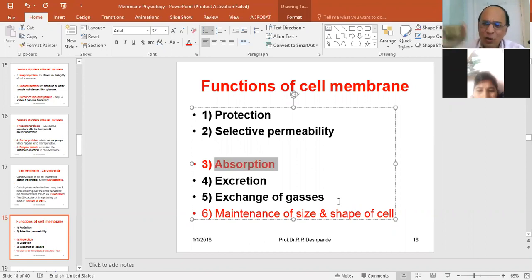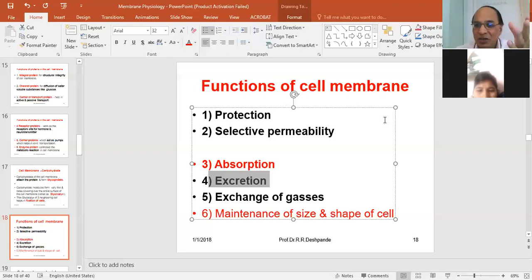So that villi also contain the cell membrane. Then excretion in the DCT, distal convoluted tubule, in the kidney structure. We excrete the hydrogen ion. Do you understand? Excretion is through the membrane. Excretion of carbon dioxide from the alveoli is the same, this is a function of the cell membrane.